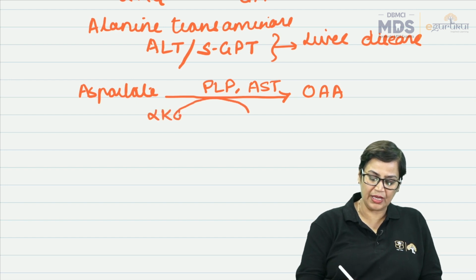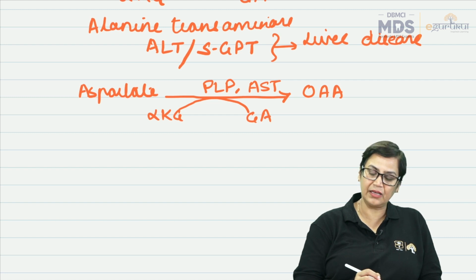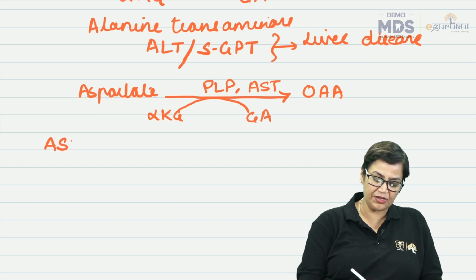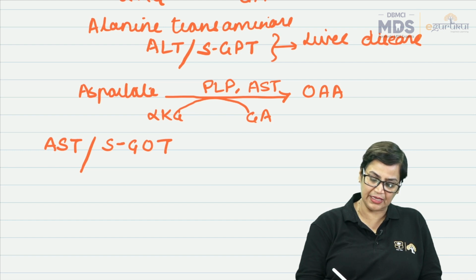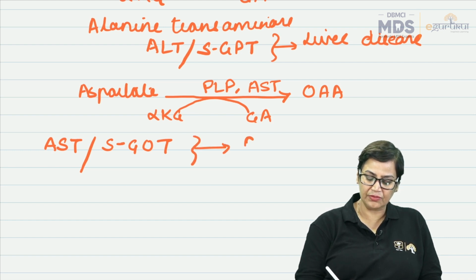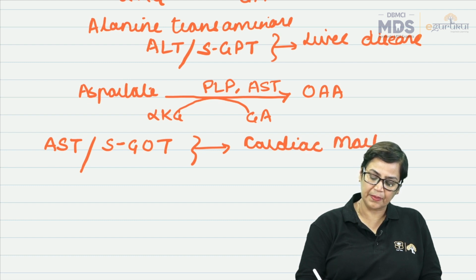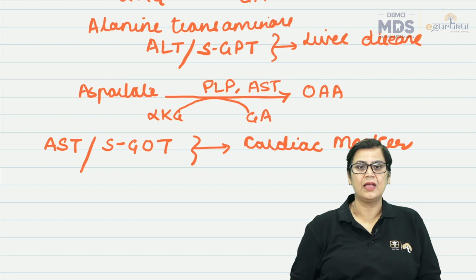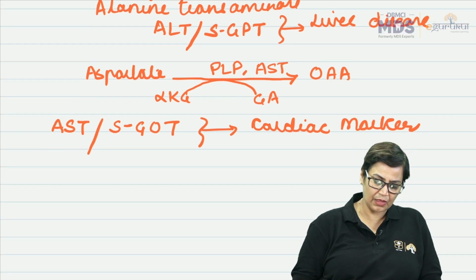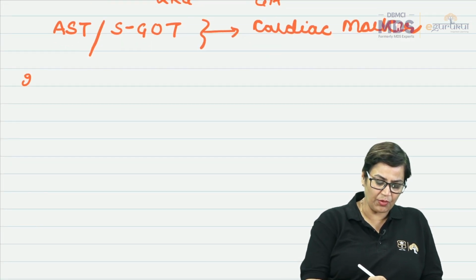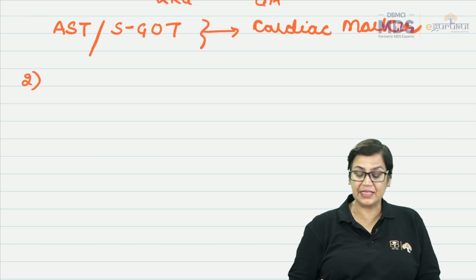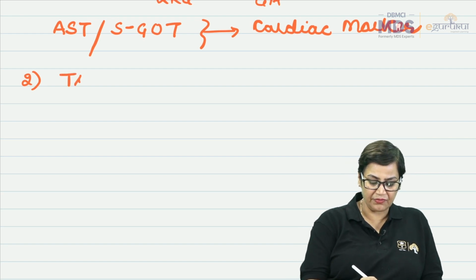Same alpha ketoglutarate and glutamic acid will be there. The enzyme is aspartate transaminase, also known as serum glutamate oxaloacetate transaminase, which is a marker of heart diseases or cardiac marker. So this is one of the very, very important functions of PLP. Second important function of PLP is transsulfuration.